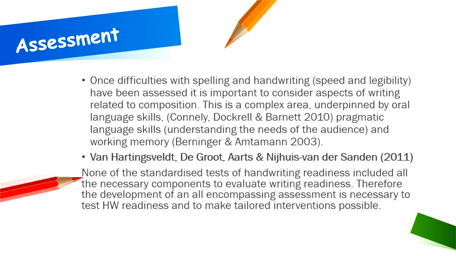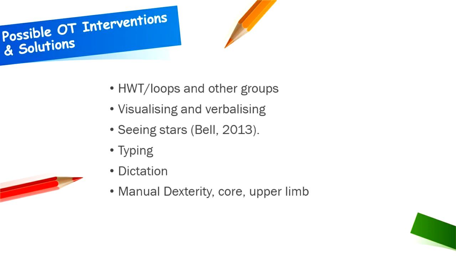A study in 2011 found that none of the standardised tests of handwriting readiness included all the necessary components to evaluate writing readiness. Therefore, the development of an all-encompassing assessment is necessary to test handwriting readiness and to make tailored interventions possible. This is possibly why this assessment list is so long and so diverse.